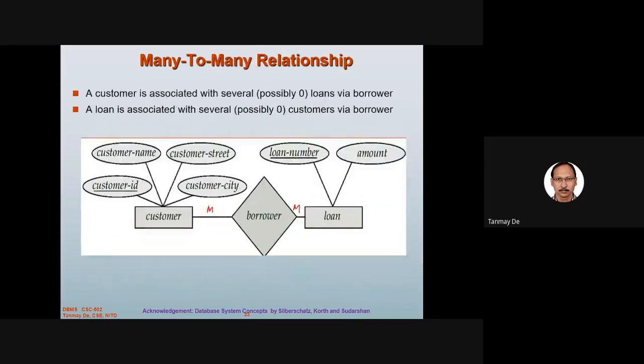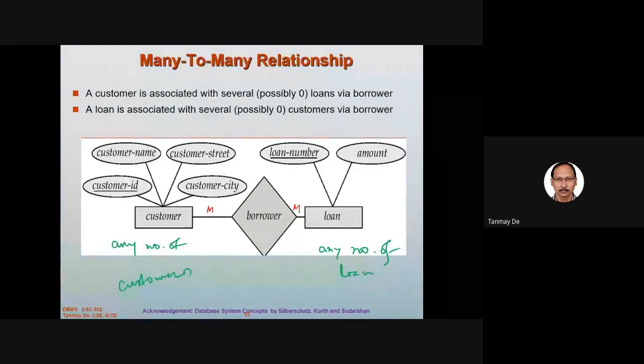Now the same example we can consider for a many to many relationship. Here both sides are many, so any number of customers are associated with any number of loans. There may be zero loans.